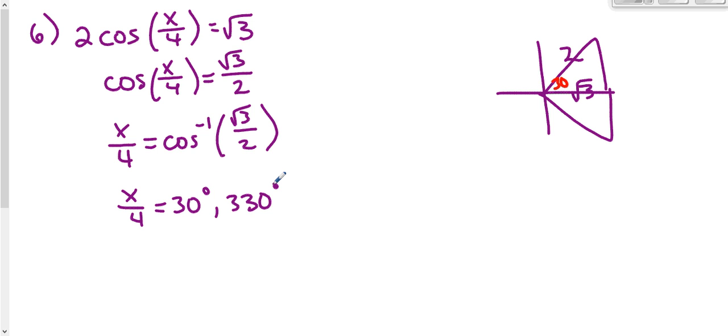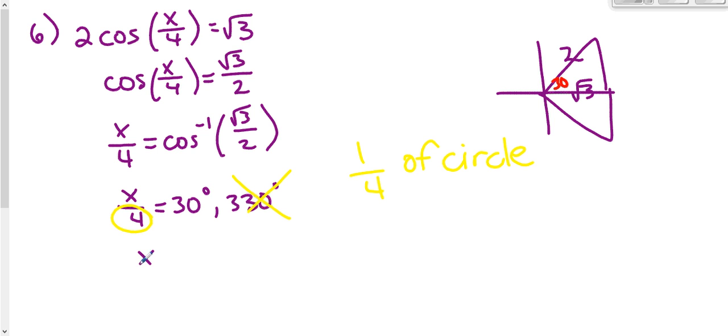And remember that we're about to multiply both sides of the equation by 4, so we actually only want to go around 1/4 of the way around the circle. And so that means we really could only go from 0 to 90, and so we have to eliminate the 330, because now we're going to multiply by 4.